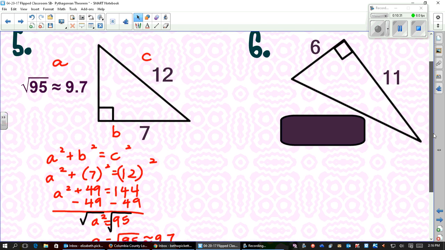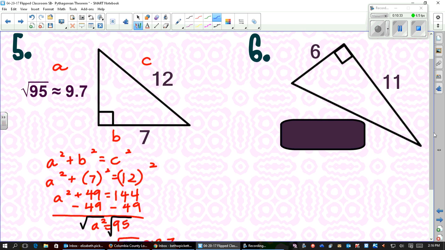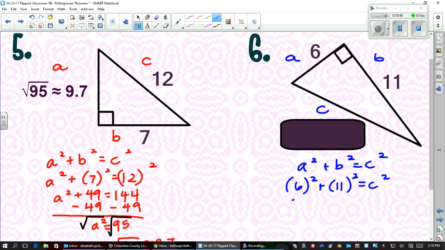And finally, hypotenuses are unknown this time. So a squared plus b squared equals c squared. 6 squared plus 11 squared equals c squared. 36 plus 121 equals c squared.